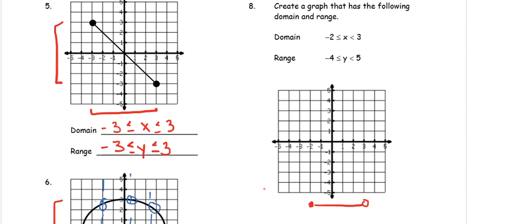And vertically, it's going to be a closed circle at -4 all the way up to 5 up here. And there are a lot of right graphs that you can get from here. So you're just going to match this up. There's no wrong answer for this.